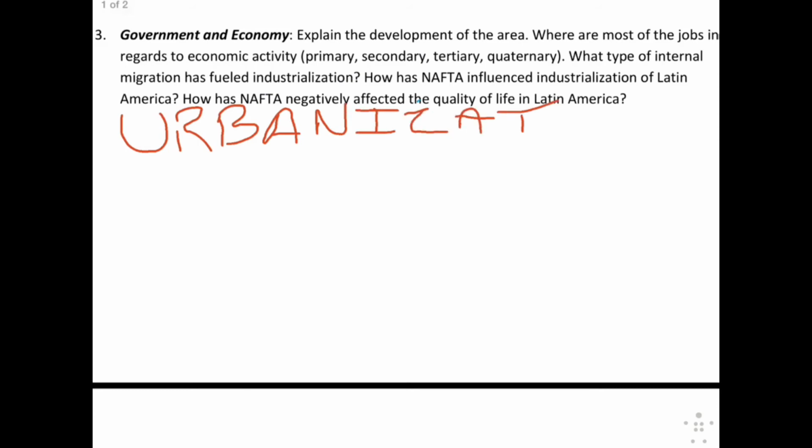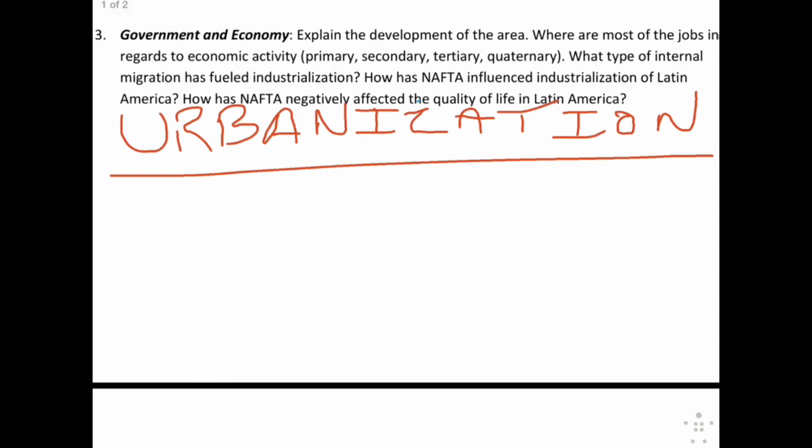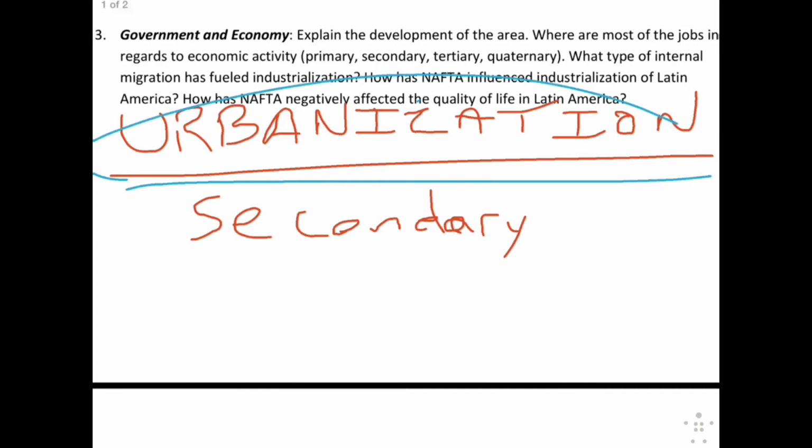Urbanization is dealing with people moving to the cities. They're moving to these cities for these secondary jobs because they're becoming industrialized. So because of industrialization, urbanization is going on more than ever in Latin America.